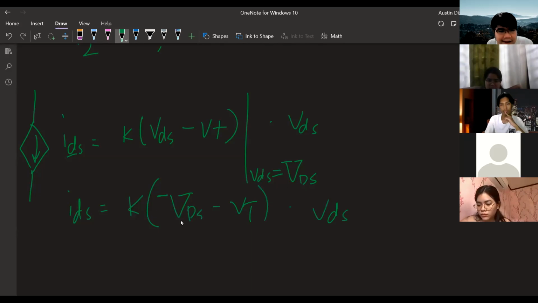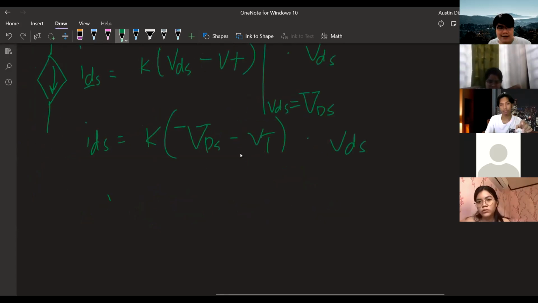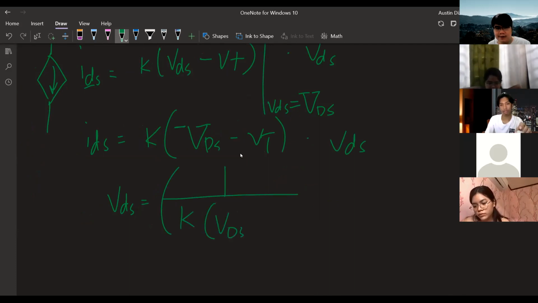Okay, what's nice here is that this is all constants. Constants ito. Constants. And if we would rearrange things, this would look like 1 over K times (VDS minus VT) times IDS.